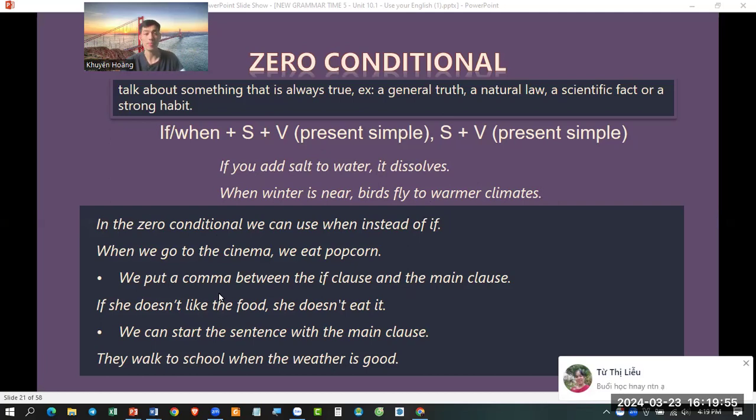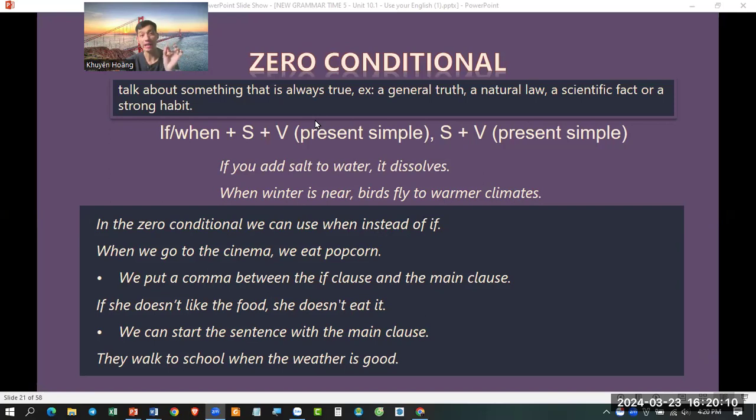In the zero conditional, we can use when instead of if. When we go to the cinema, we eat popcorn.